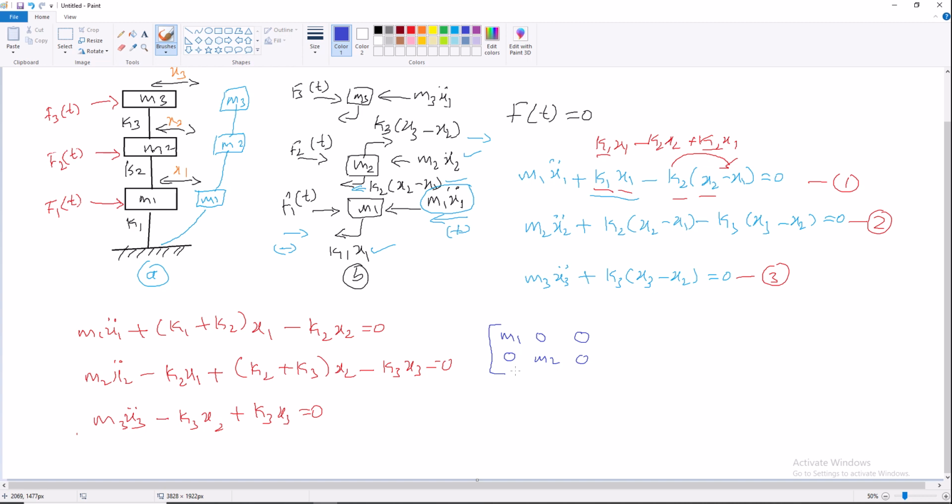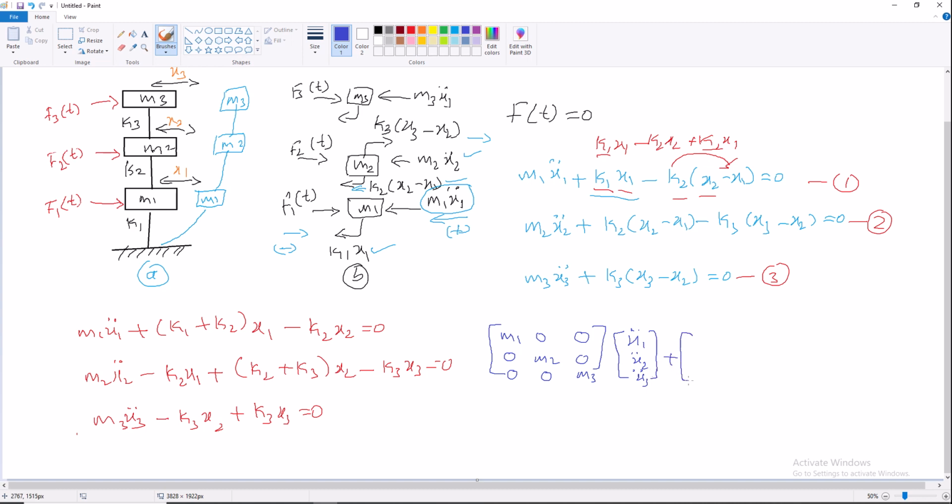In the third equation, x1 double dot and x2 double dot are not associated with m, and x3 double dot is associated with m3.